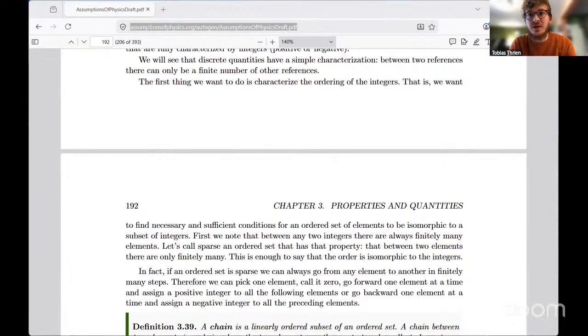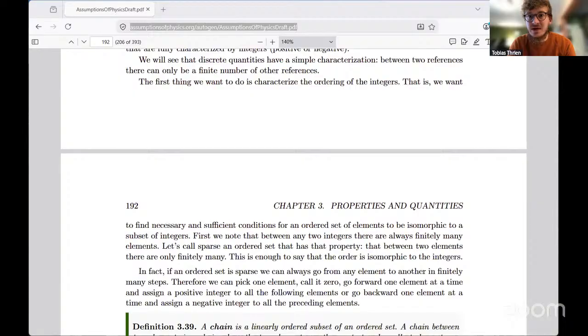The first thing we want to do is characterize the ordering of the integers. That is, we want to find necessary and sufficient conditions for an ordered set of elements to be isomorphic to a subset of integers. First, we note that between any two integers, there are always finitely many elements. Let's call sparse an ordered set that has that property, that between two elements, there are only finitely many.